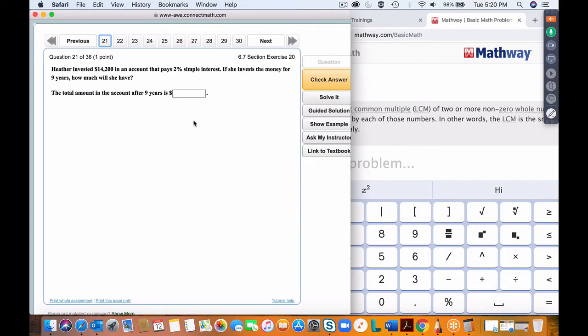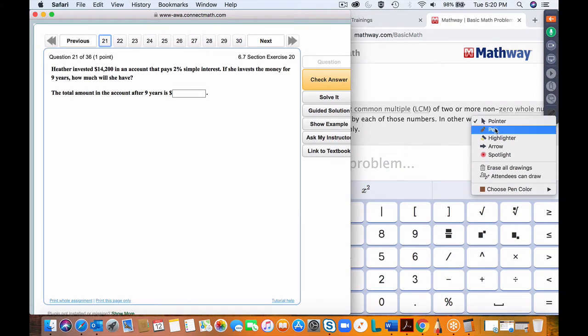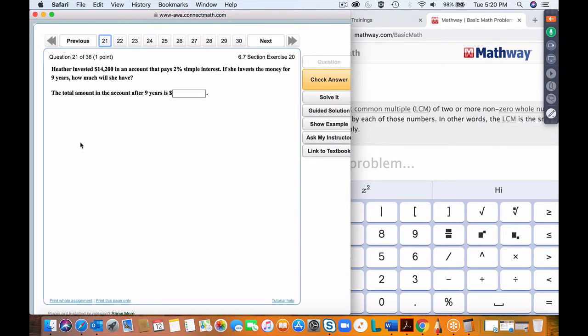We use the formula for simple interest, and what we need to do is just multiply the numbers. Remember, the total amount will be equal to the interest plus the principal, which is the amount, the big amount.